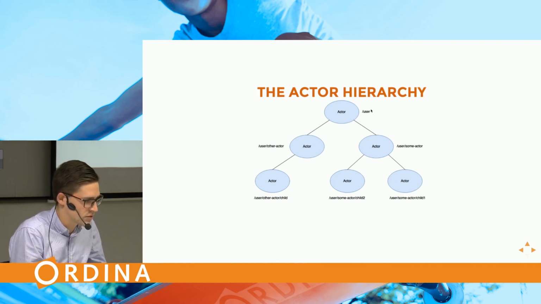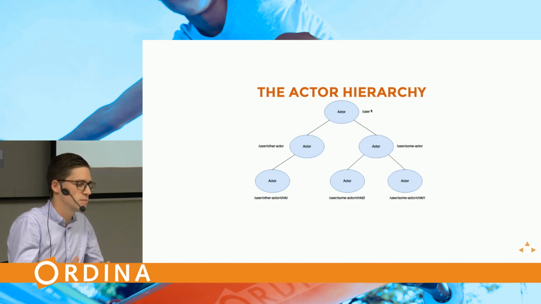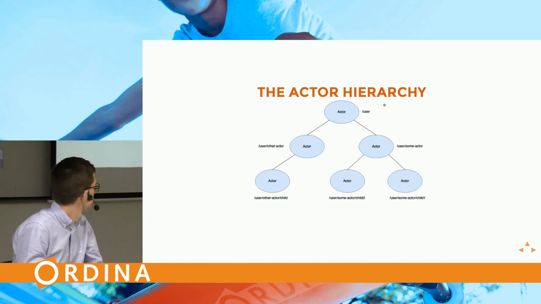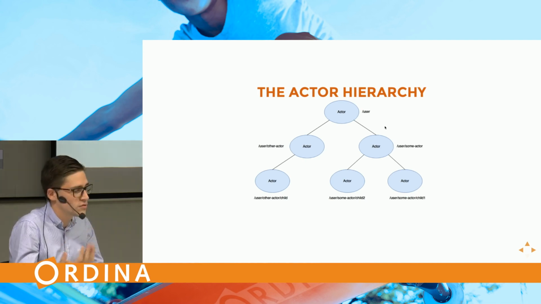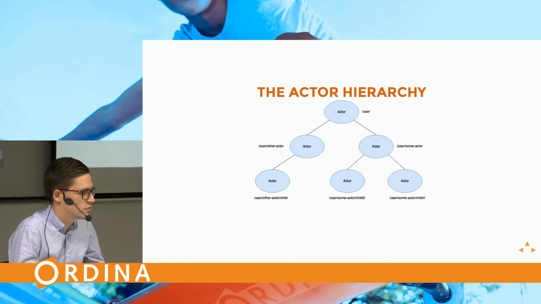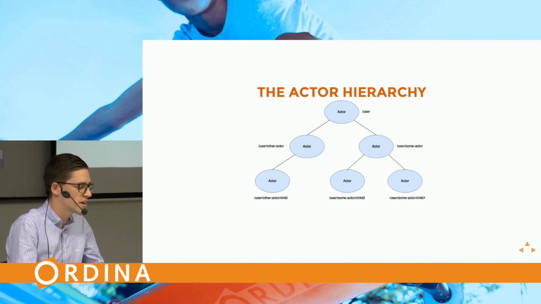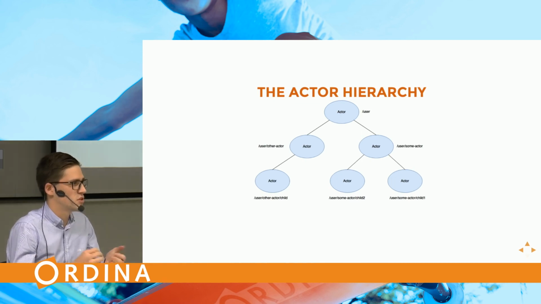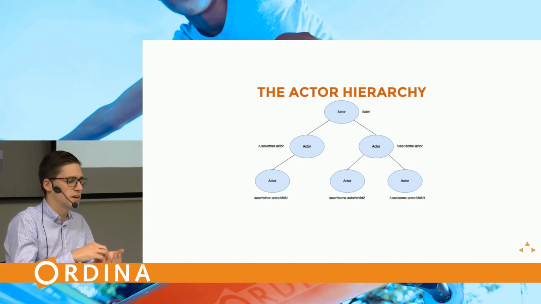And starting from that part, when you create a new actor via the system reference, the actors just get linked to it. So for example, here we have two actors, another actor right here and some actor right here, who have been instantiated via the system. And then we have a couple of other actors that have been instantiated by the some actor and the other actor right here. And you see that each actor always has a parent, and it is the parent actor that will decide on what should happen with the children.